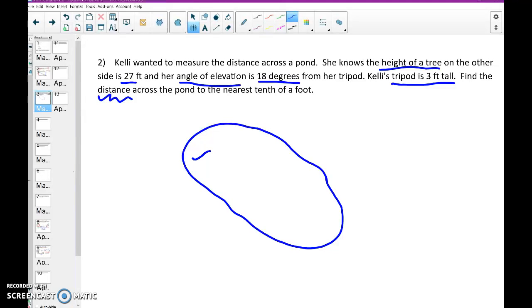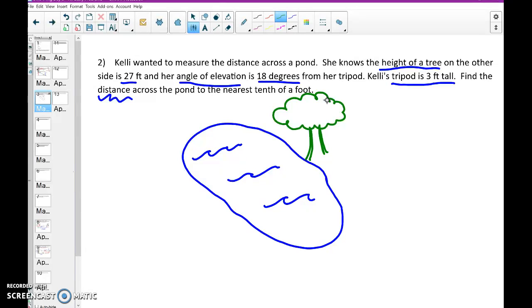Many times we can't measure distances across big bodies of water or big land masses, so they use trigonometry, because I can't exactly run a tape measure across a pond. They use trig to help them determine the approximate distance across for things such as building bridges and maybe figuring out fish population, especially in this area with hunting and things like that. That's pretty big.